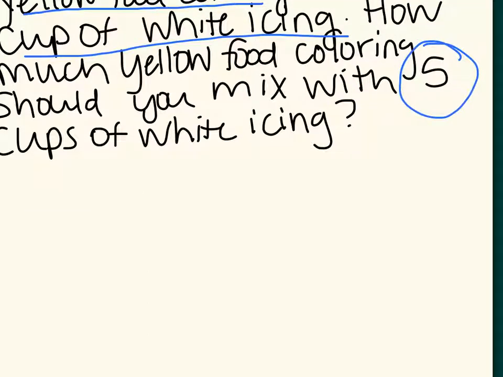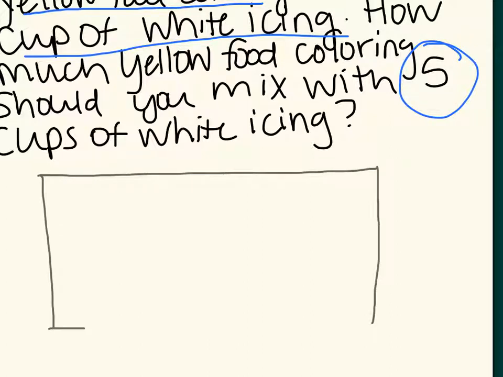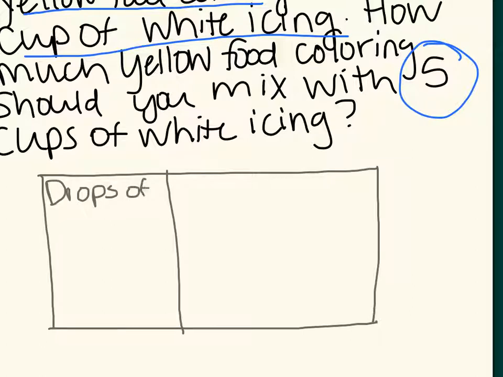Okay, so I'm going to make my table down here, and we'll come back to look at that in a second here. So I'm going to just draw it like this. Okay, then I'm going to call this drops of yellow. Okay, draw this line here.